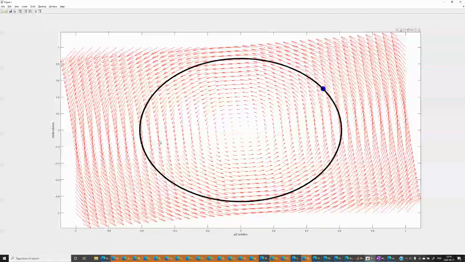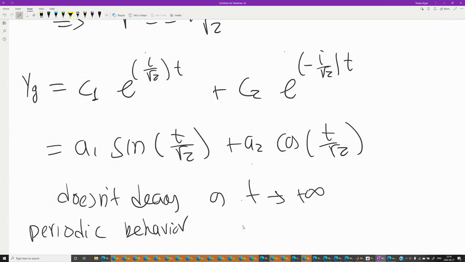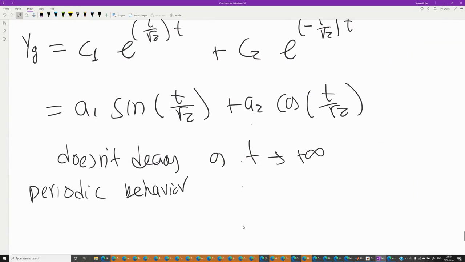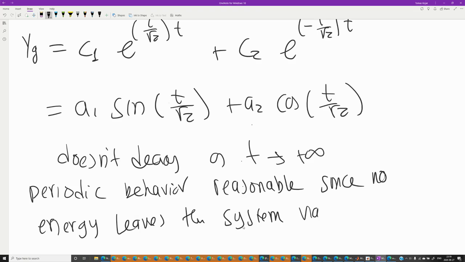So it never stops. Okay. So this is reasonable since no energy leaves the system via the resistance.